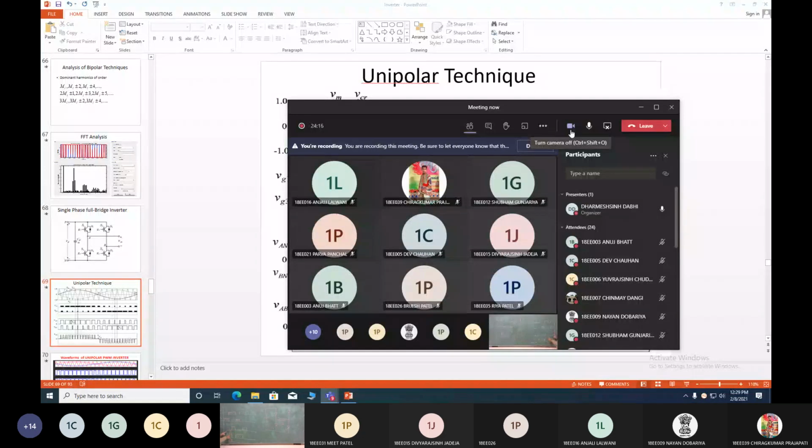It means between 0 and 180 degrees, S3 and S4 never turn on simultaneously, so you never get a negative output voltage. But in the negative cycle, from 180 to 360 degrees, when you get the gate pulses for S3 and S4, there is a common interval, just like S1 and S2, where both are turned on simultaneously, so that you get the negative voltage. Let's see it in the waveform so you can understand clearly.